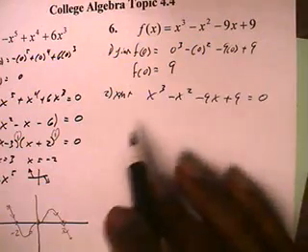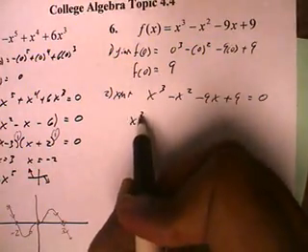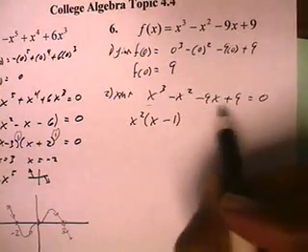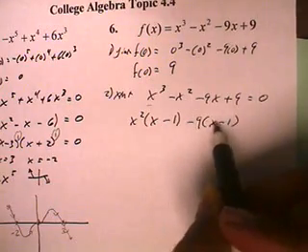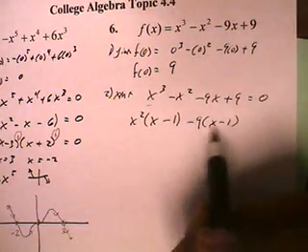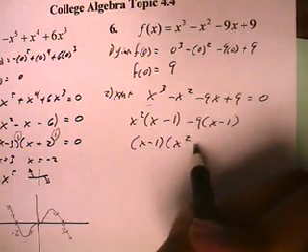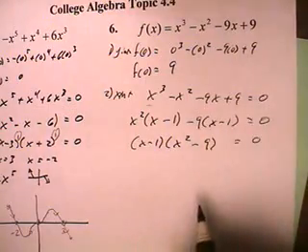Okay, I'm going to factor this by grouping. So for these two right here, I'm going to factor the GCF out, which will get x minus 1. If I factor the GCF out of these two, I'll get negative 9 times x minus 1. And now my GCF is x minus 1, so I'll factor that out: x minus 1 times x squared minus 9, all equal to 0.